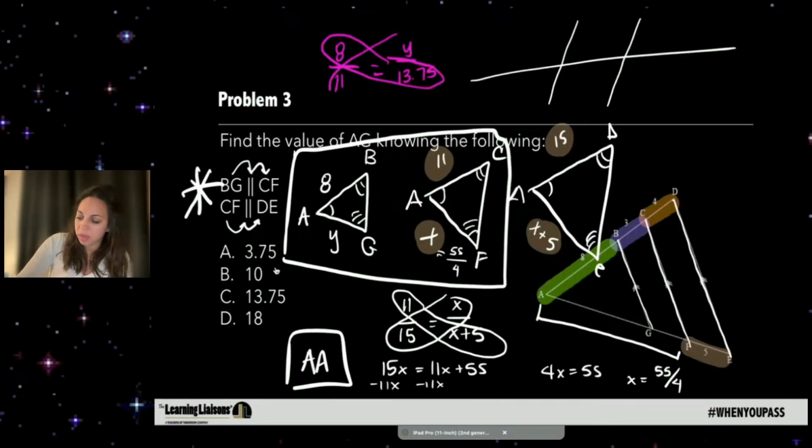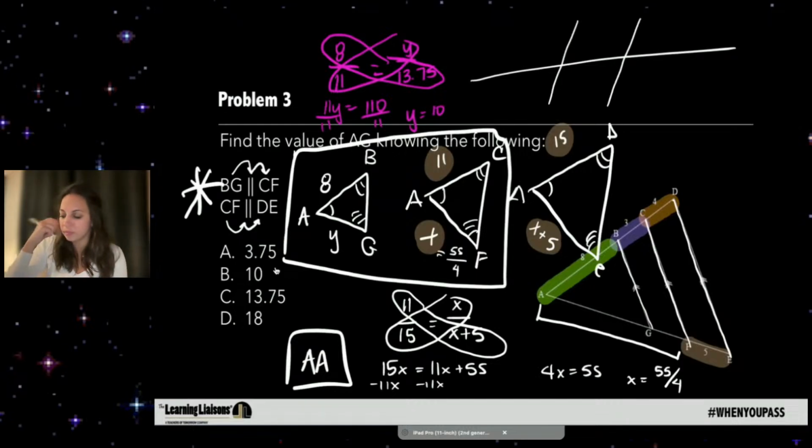Cross multiply again. And I have 11y equals 110. Divide both sides by 11. Y equals 10. So this right here is 10.